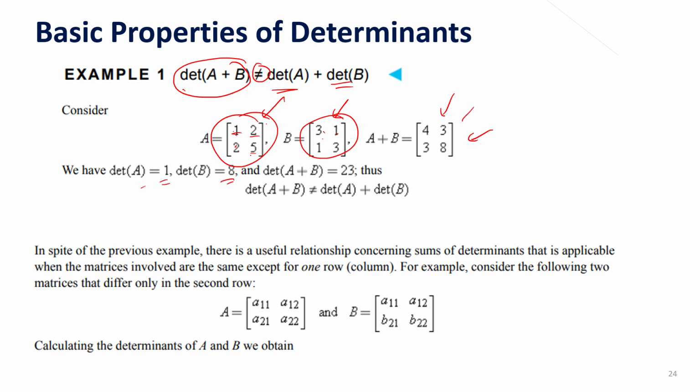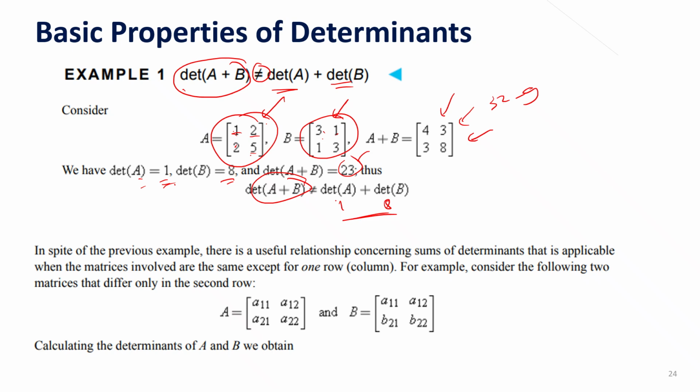And here the determinant is 4 multiplied by 8, 32, minus 3 multiplied by 3, 9, so it's 23. So you see that the determinant of A plus B is 23. It's not equal to 1 plus 8.